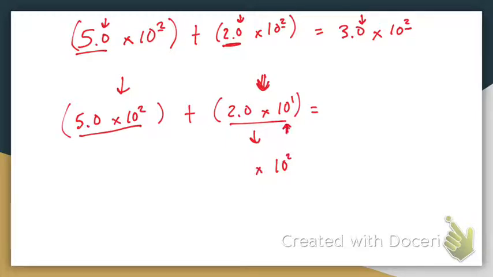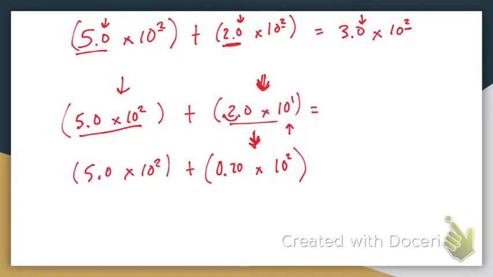If I raise this side up by one, then I have to move the decimal smaller. It's almost like a balancing out. So 2.0 times 10 to the first equals 0.2 times 10 to the second. This is 5.0 times 10 to the second.